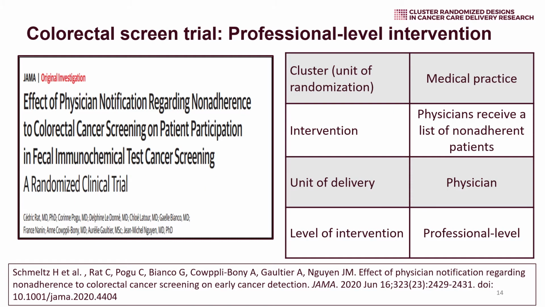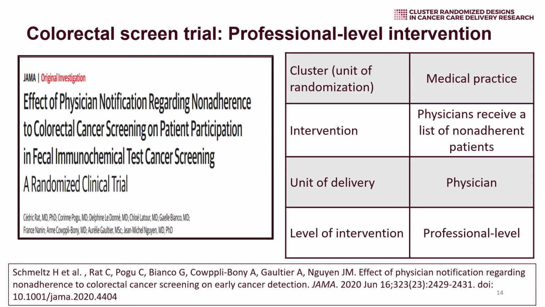Our second example is what's called the colorectal screen trial, and this is an example of a professional level intervention. So in this trial, the unit of randomization was a medical practice, and the intervention was a method to allow physicians to receive a list of what we're calling non-adherent patients.